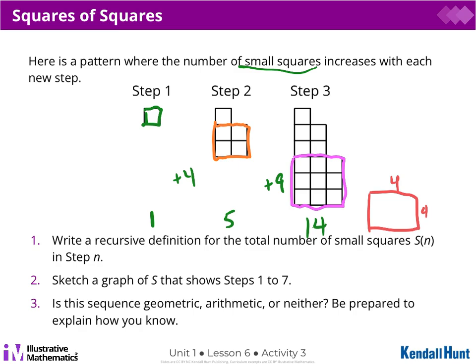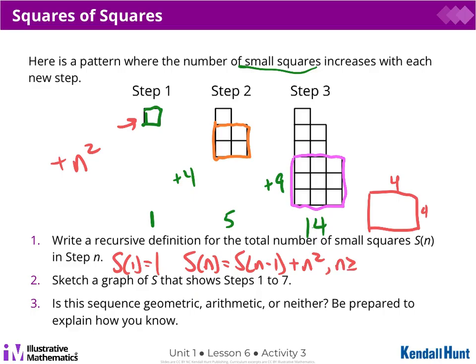So our change is plus n squared, the step number squared. So now that we have our change and our first term, we can write a recursive definition. S of 1 equals 1. S of n equals the previous term plus n squared for n greater than or equal to 2, because step 1 is our 1.